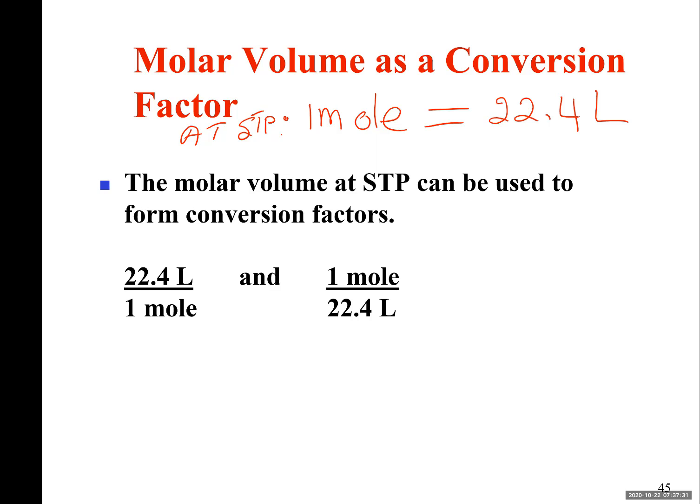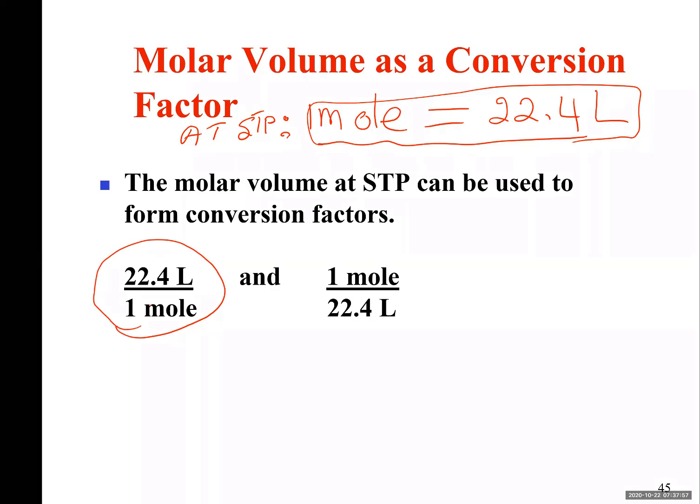That's what we just said, right? This is an equality. It's an equation. 1 mole, 22.4 liter at STP, or every 22.4 liter of any gas is 1 mole. If this is an equation, do you remember we said whenever you have an equation, you can write 2 conversion factors. 1 conversion factor says every 22.4 liter of any gas under STP is equal to 1 mole, or if you have 1 mole of any gas under STP, the volume is going to be 22.4 liter.